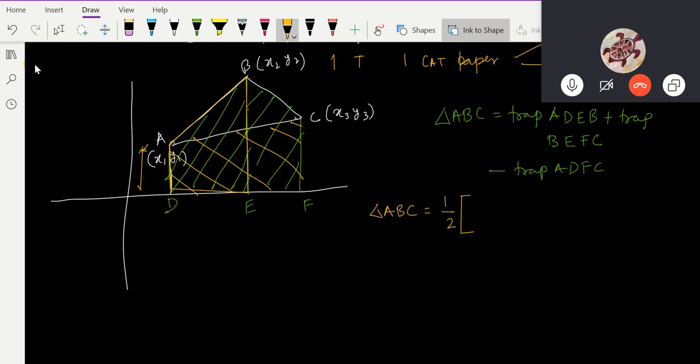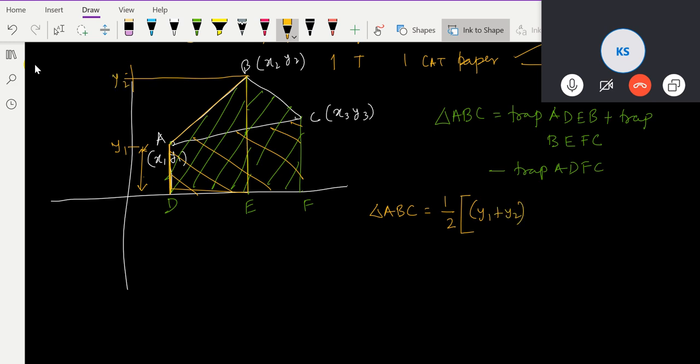AD is the vertical distance, so that would just be the value of y1. What is BE? BE is y2.